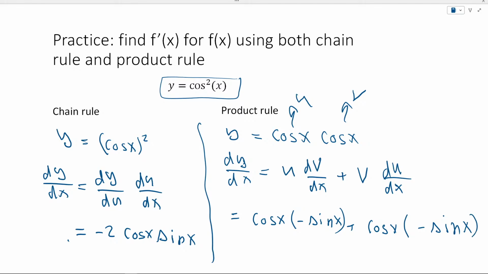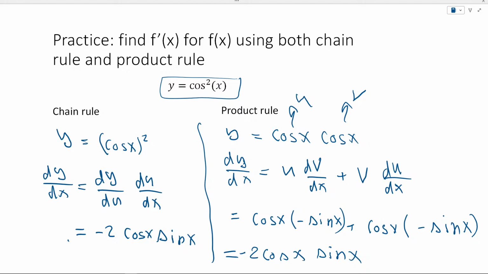So if you add these, that will give you negative 2 cosine x sine x. That is exactly the same thing.